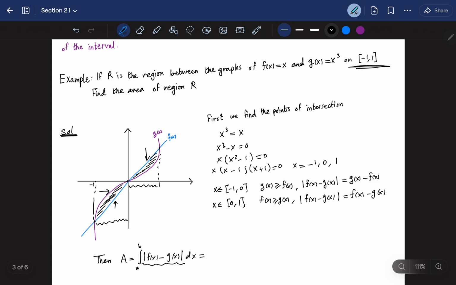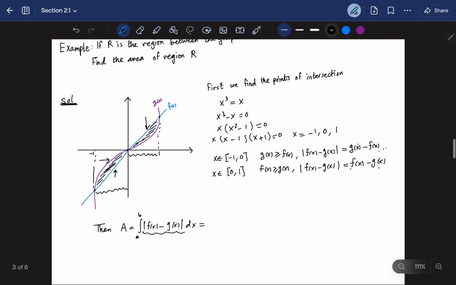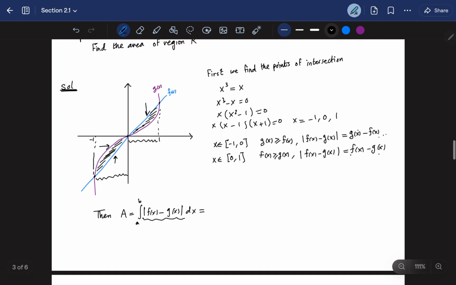Because when you take an absolute value, you always want to get something positive. So here, since I'm subtracting bigger minus smaller, you're going to get something positive. And similarly here, since g is bigger than f, so bigger minus something small, you're going to get something positive, which agrees with the definition of an absolute value.